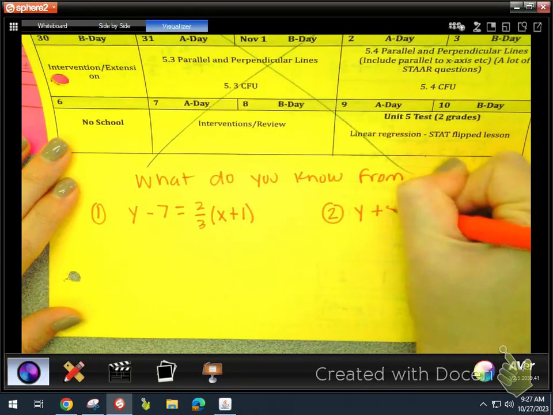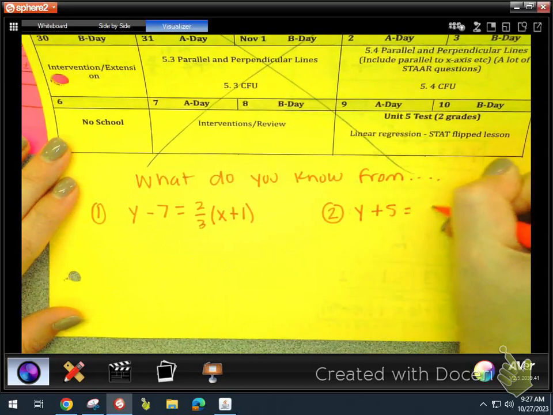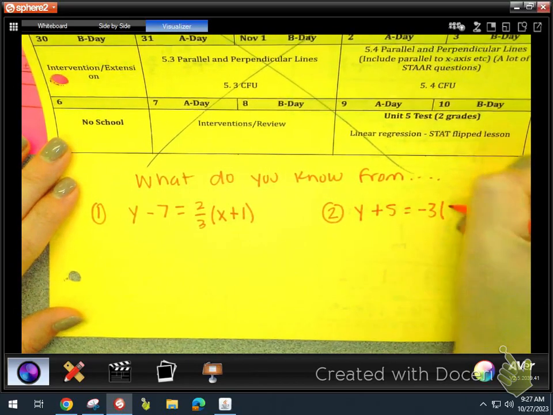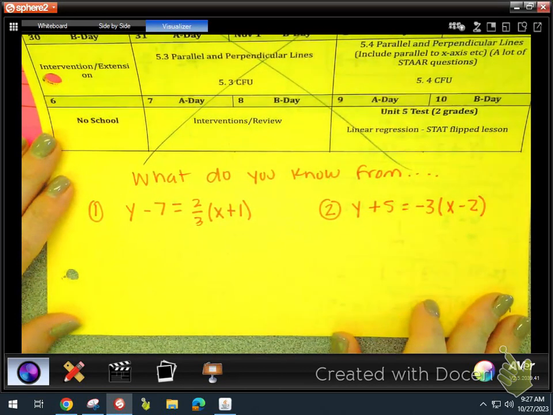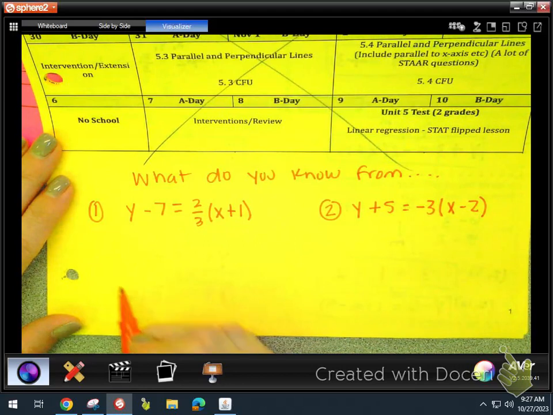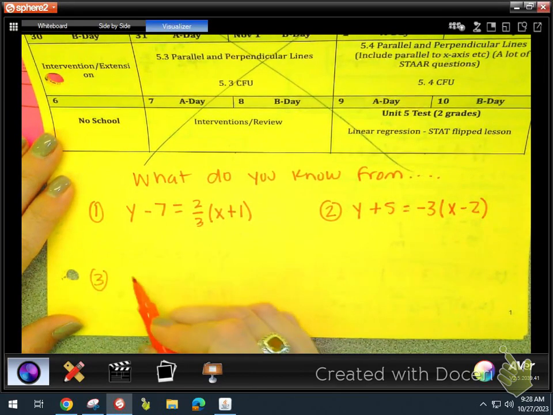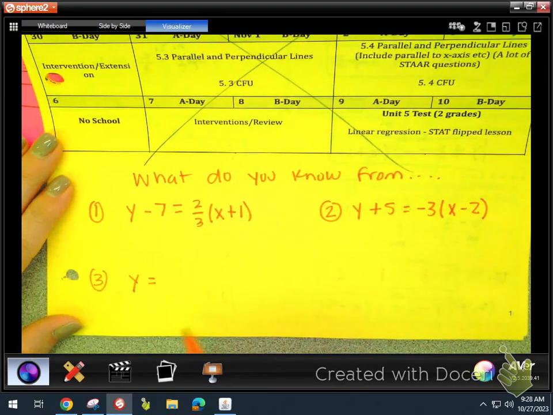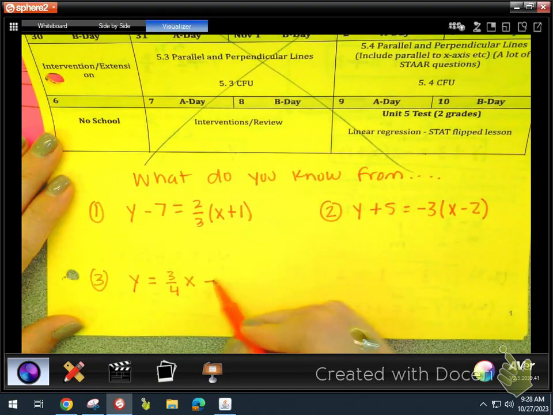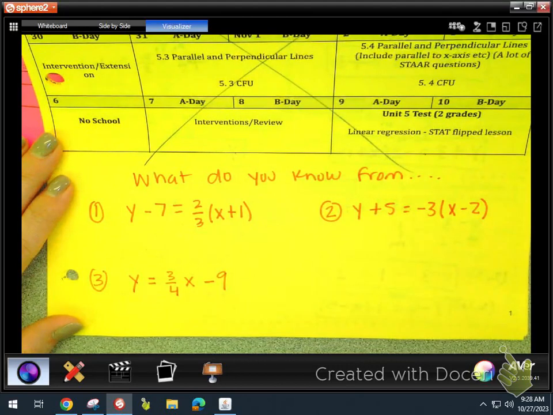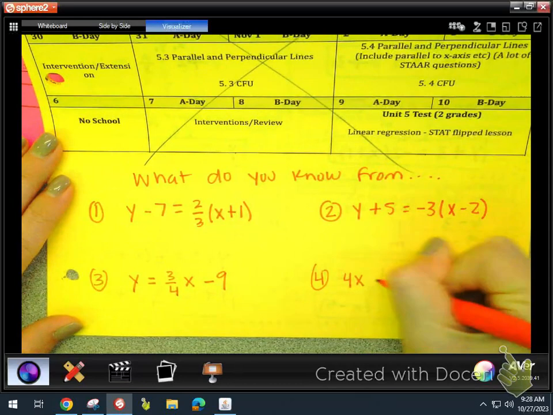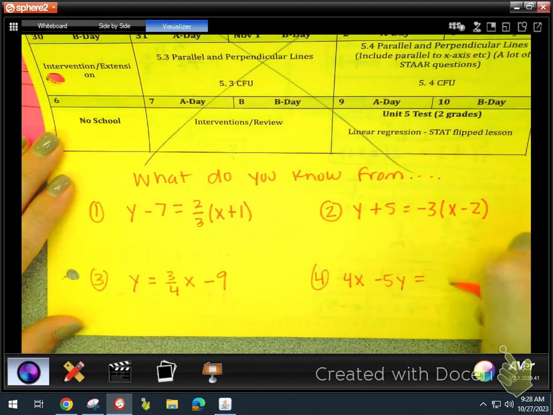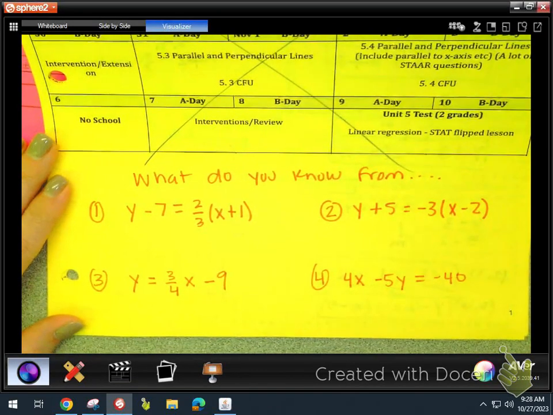Y plus 5 equals negative 3 x minus 2. Y equals 3/4 x minus 9. And last one, 4x minus 5y equals negative 40.